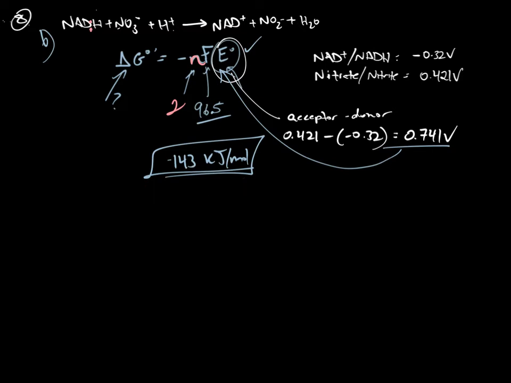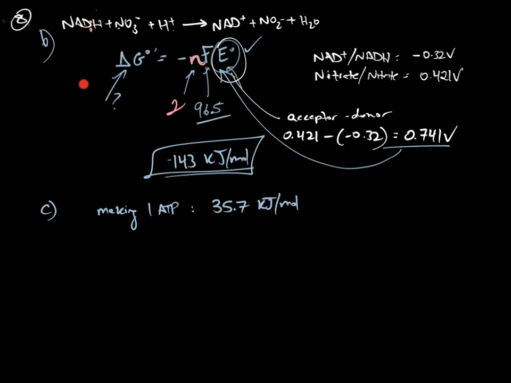Now 8C gives us some information that will allow us to solve this. It tells us that making one ATP takes 35.7 kilojoules per mole. So this is a pretty simple problem actually.